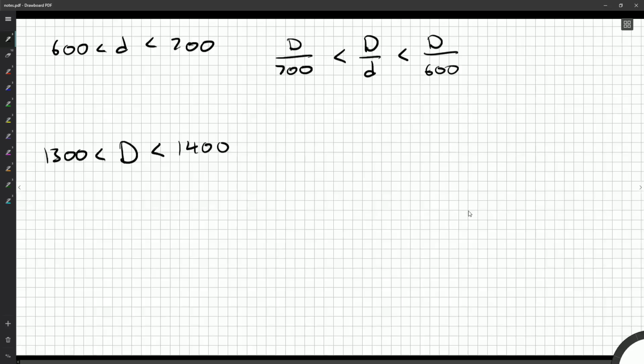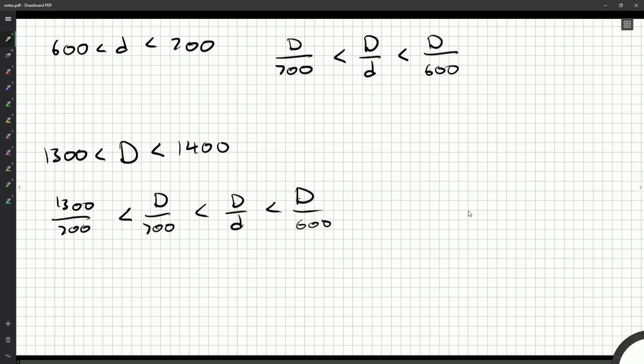So D over 700 is at least 1300 over 700, and D over 600 is at most 1400 over 600.